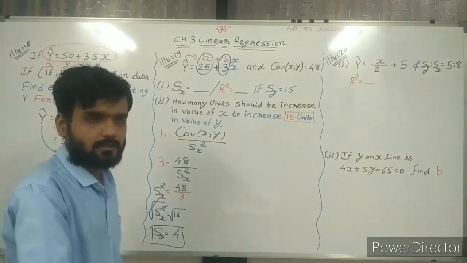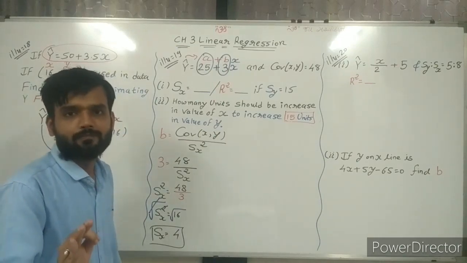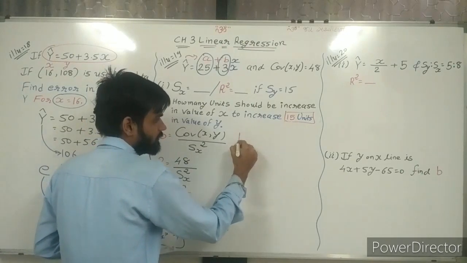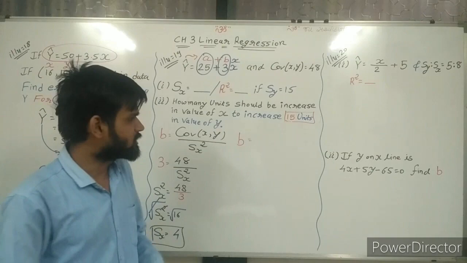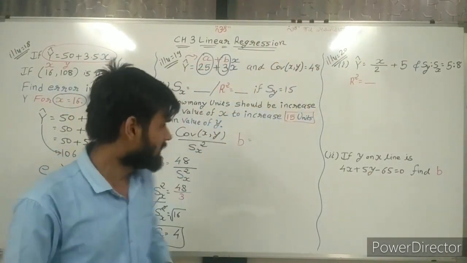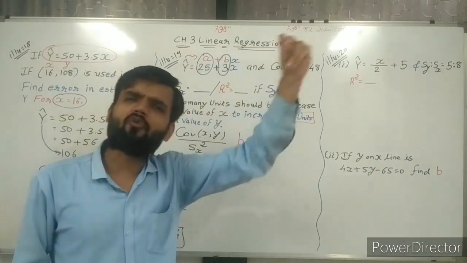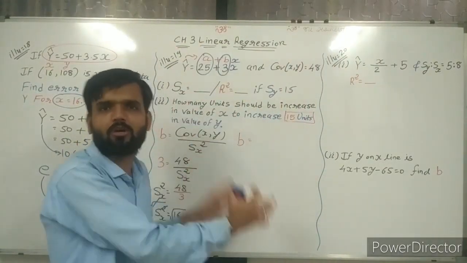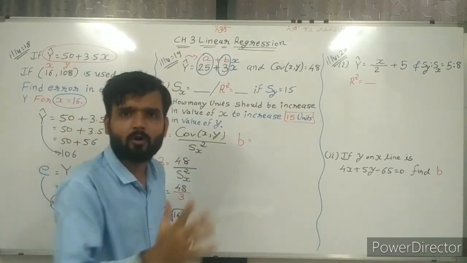Because in the last lectures, whatever I am going to tell you now was not discussed, and that is the formula of b. Now this b formula does not depend on any formula of Karl Pearson. This is new for this chapter only. So for this chapter, I can say it is a special formula for b.